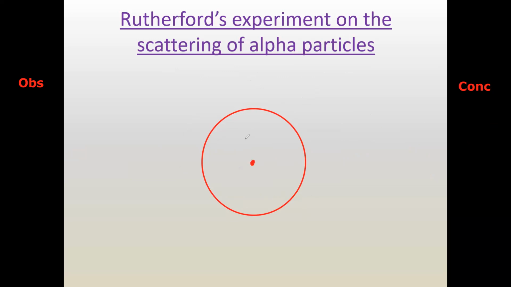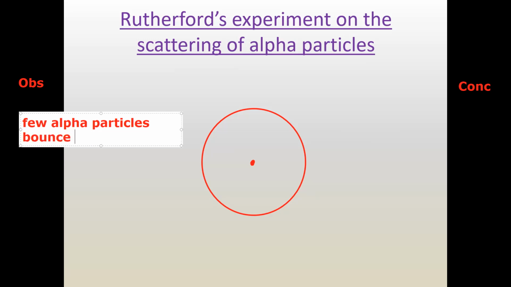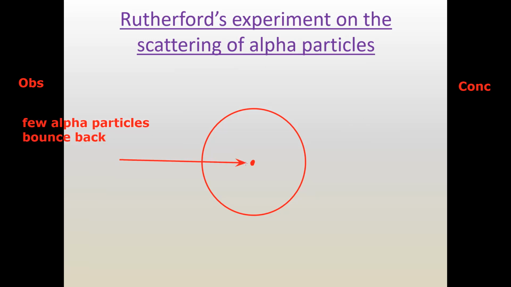So what is the third observation? He observed a few of the alpha particles bounce back. So if a few of the alpha particles bounce back, some of the alpha particles might collide with the nucleus and bounce back.